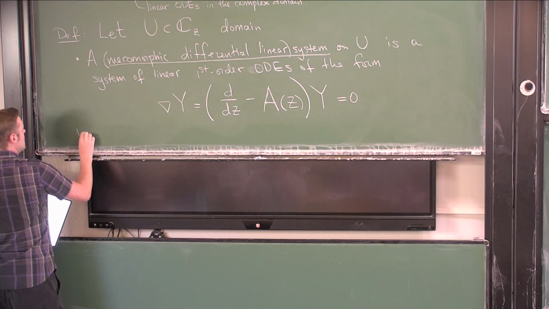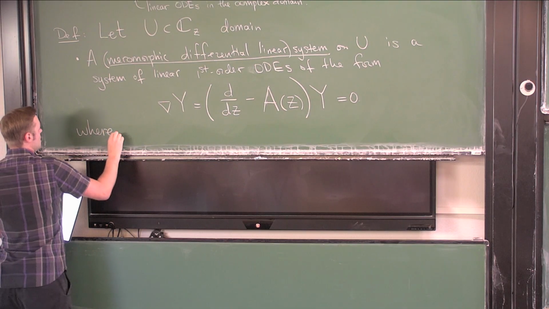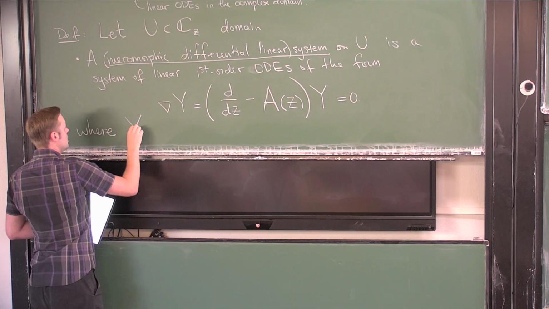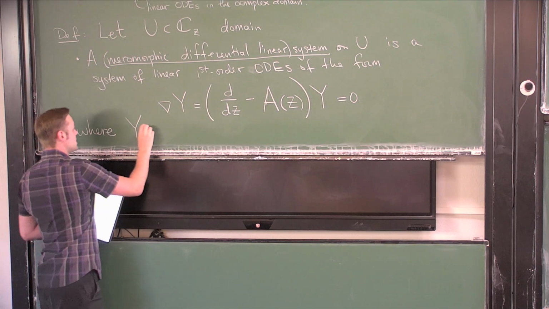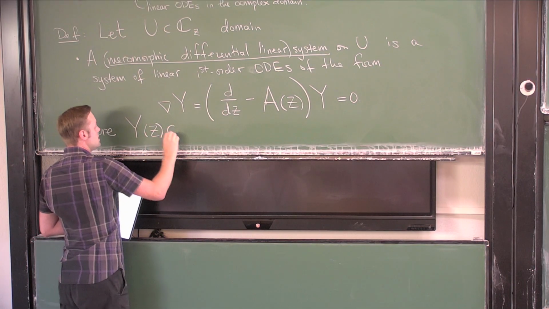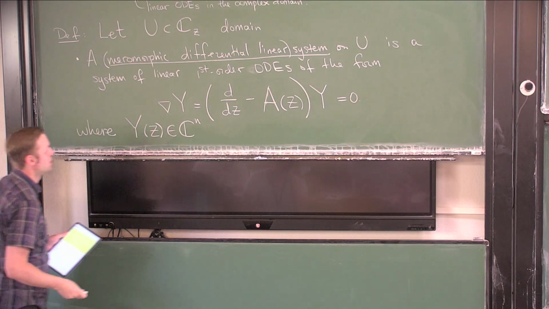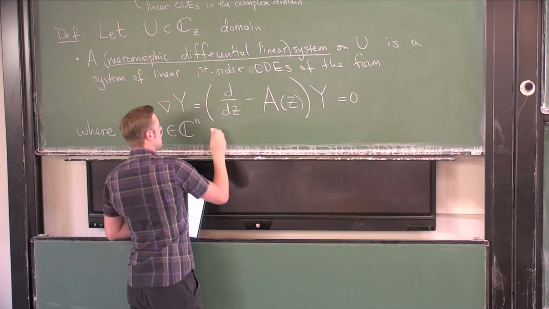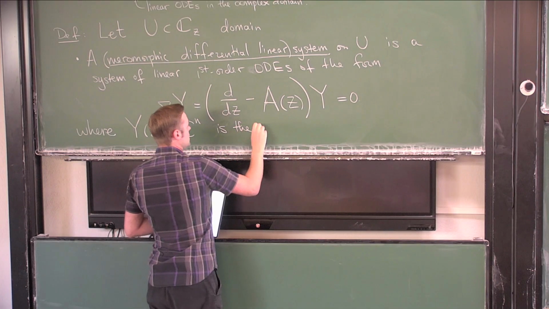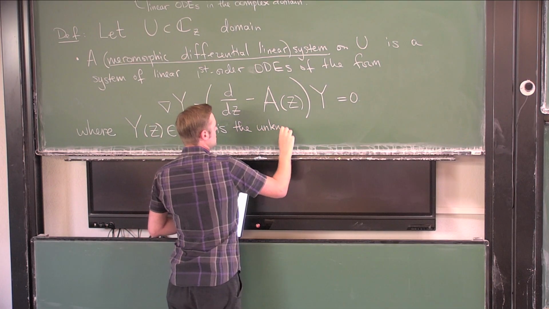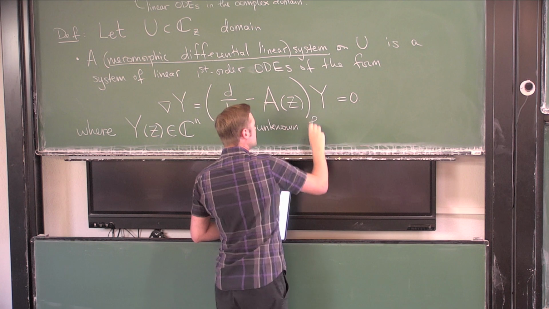Here y is supposed to depend on z, and it's a z-dependent vector in C^n. This is the unknown function.